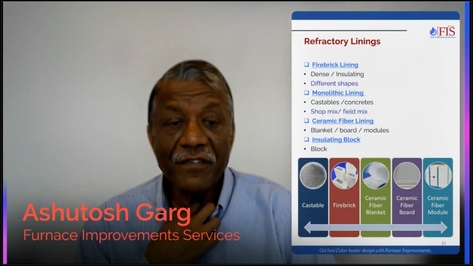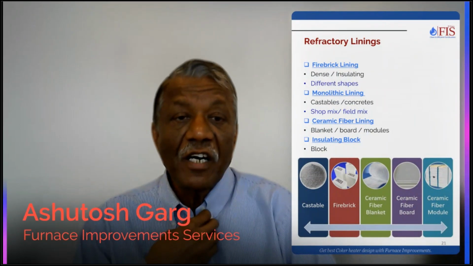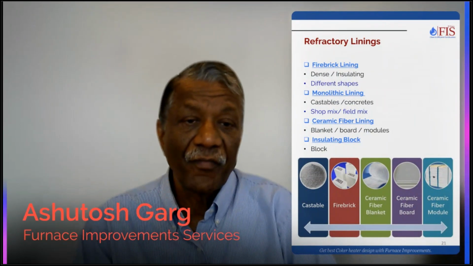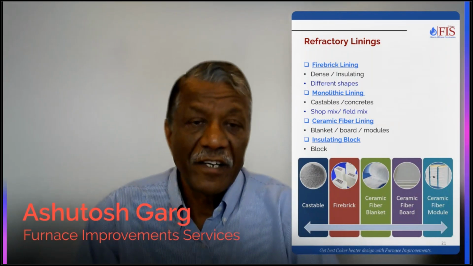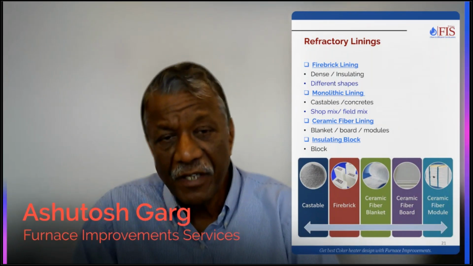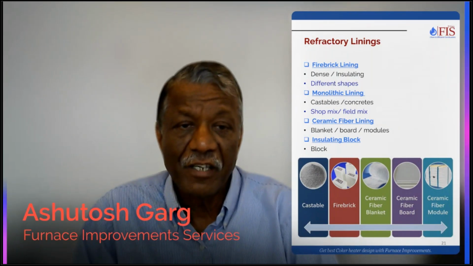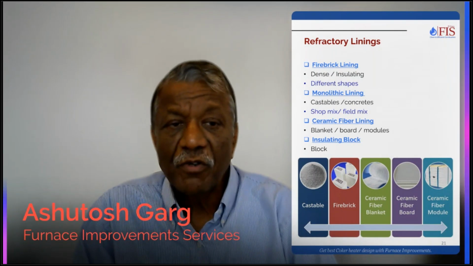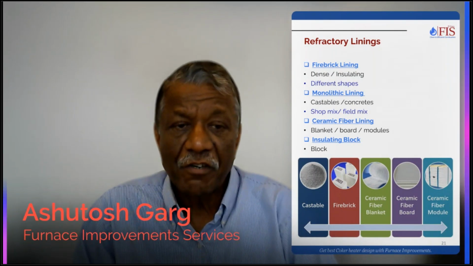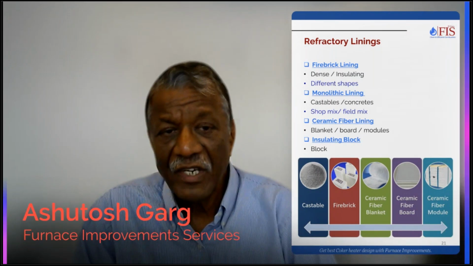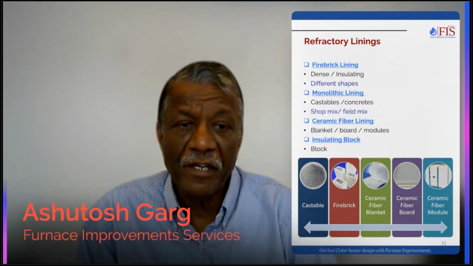So what are the different types of refractories available to us? We have firebrick lining, in which we have typically dense firebrick or insulating firebrick. Then monolithic linings are castables or concretes. And there also we have a choice of shop mix or field mix.